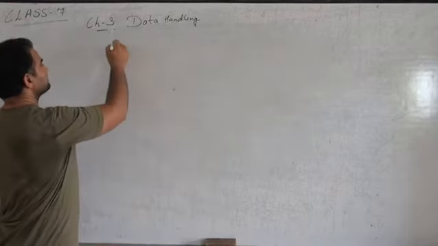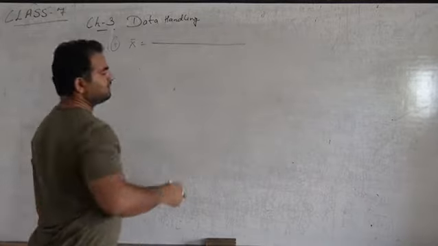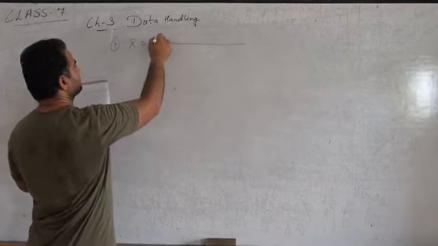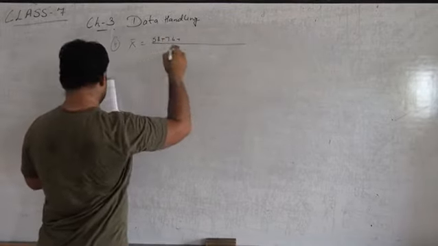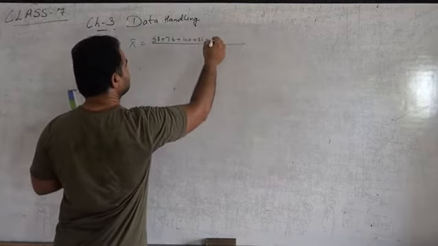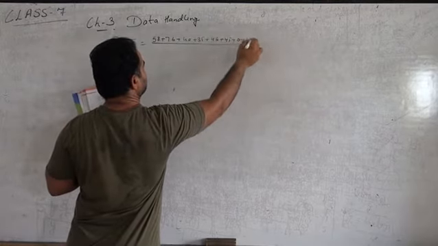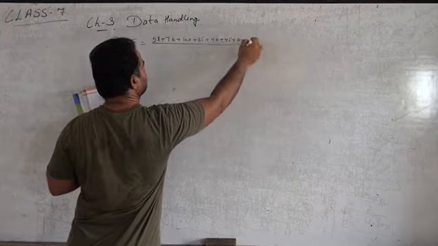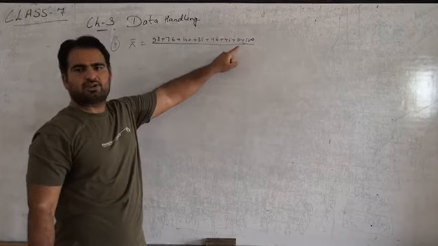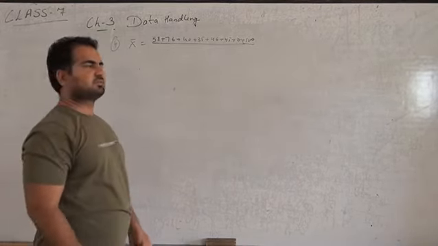So x bar equals, you have to add all of them: 56, 58 plus 76 plus 40 plus 35 plus 46 plus 45 plus 0 plus 100. Listen class, whether he got 0 or 100, you have to count it, and it must be taken into observation.